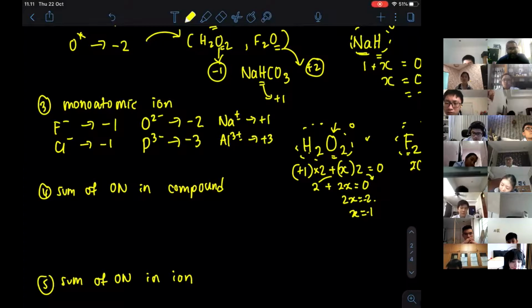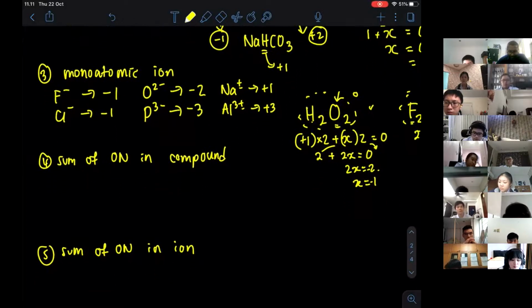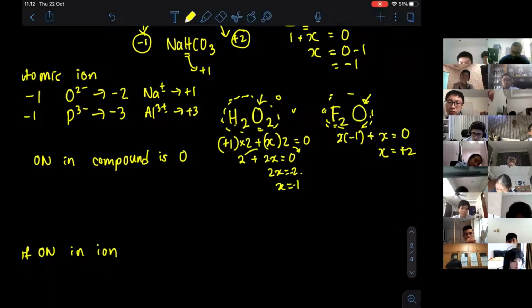Now, the sum of oxidation numbers in a compound is always 0. For example, just now we calculated for H2O2, and I put 0.